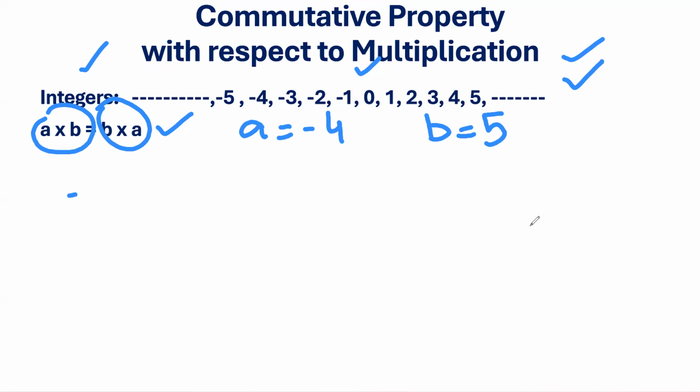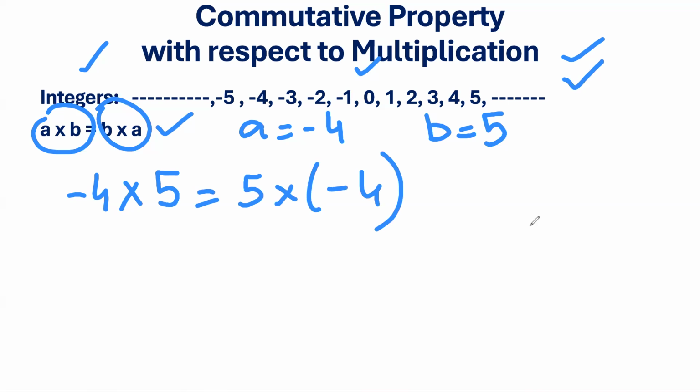A multiplied by b, -4 multiplied by +5 is equal to b multiplied by a, 5 multiplied by -4. Check both sides are equal or not. 5 fours are 20, so -20 is equal to this side also -20. Both sides are same. It means commutative property with respect to multiplication in the set of integers is satisfied.